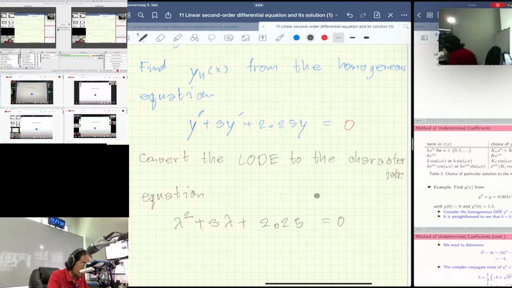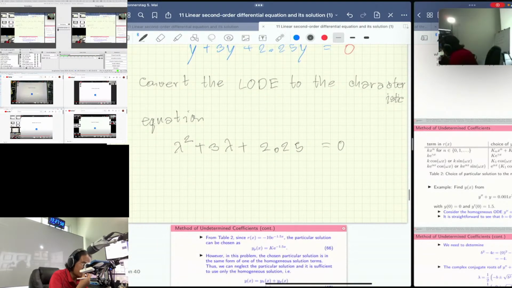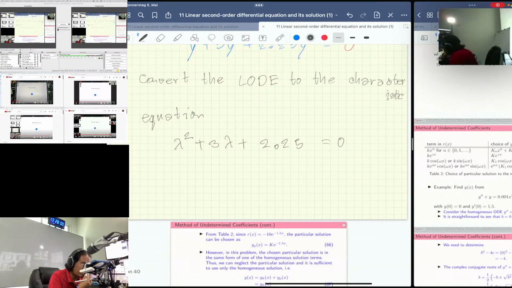the homogeneous equation is somehow like this. We may want to find the solution to this, right? The way to find the solution is in the typical manner.